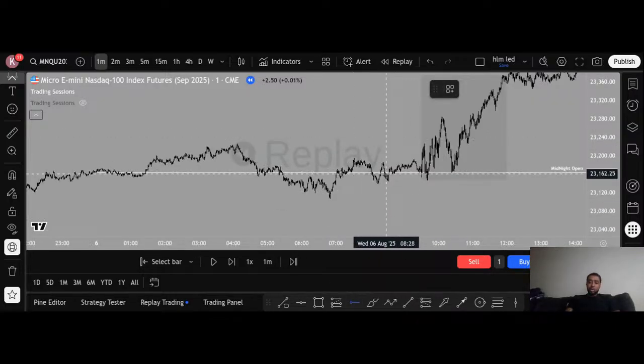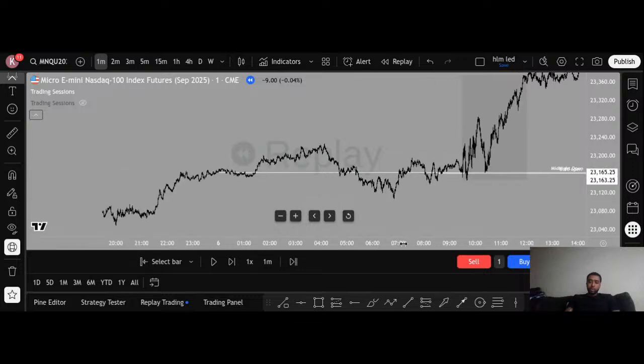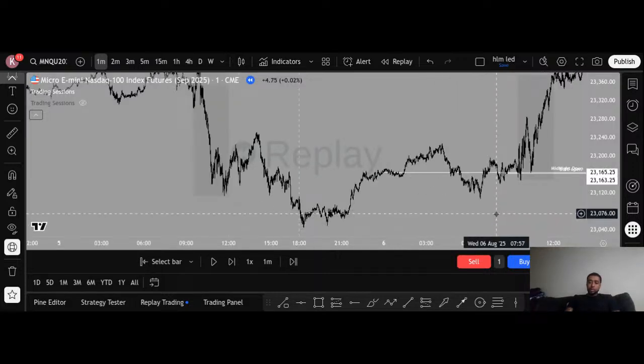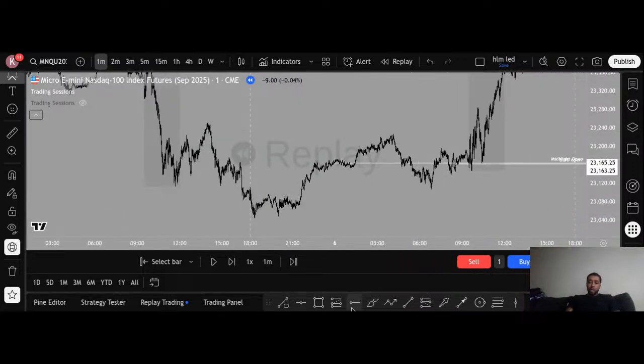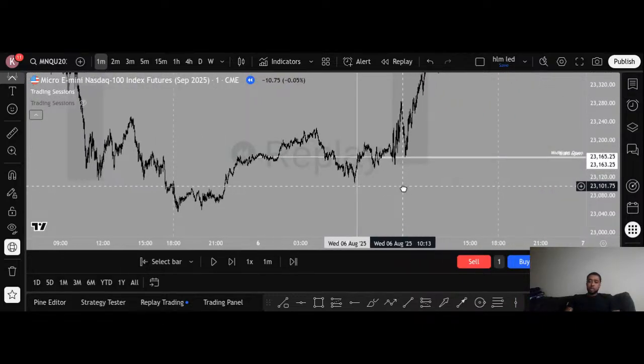This is the pre-market prep. This is what I usually do every single morning. So you see 8:30 open and midnight is literally overlapping each other. So now going to 7 o'clock. So we got 7 o'clock.